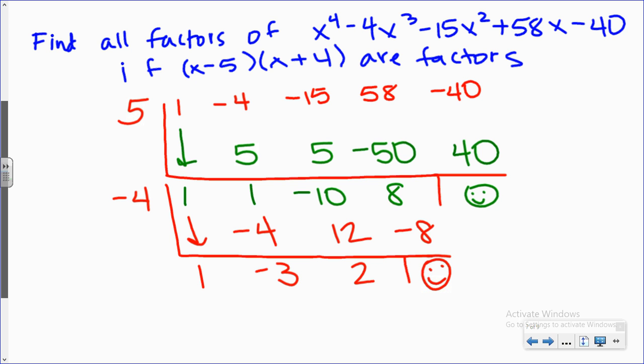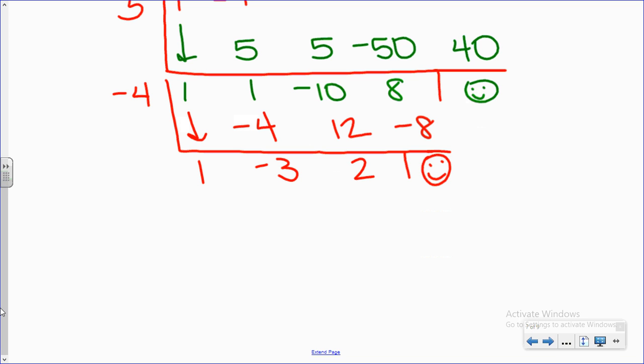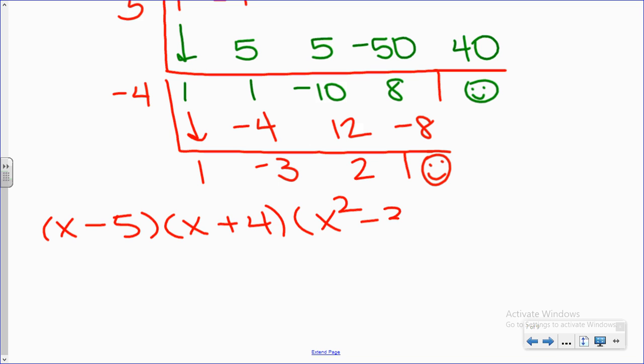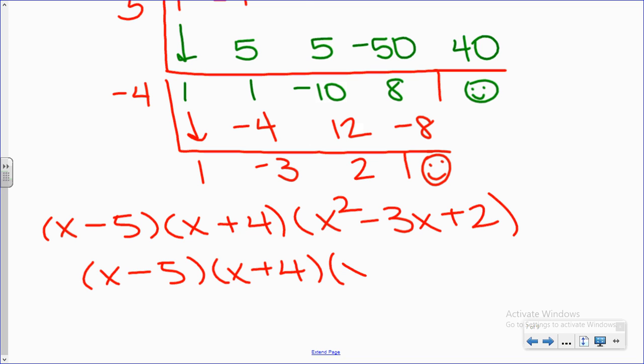Now what we have is x minus 5 times x plus 4 times x squared minus 3x plus 2. With our knowledge of quadratics, we know that that factors to x minus 2 times x minus 1. And now we have all of the factors for our polynomial.